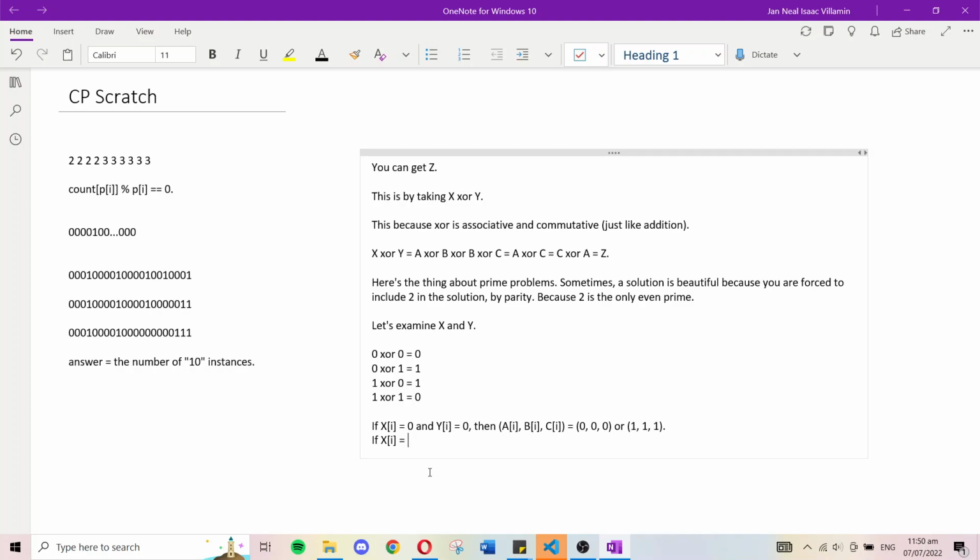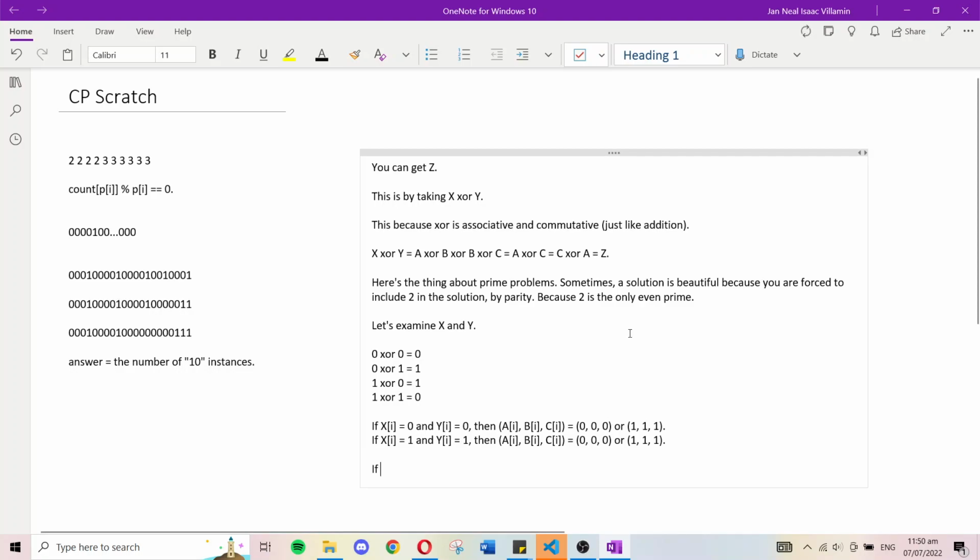The same thing happens when both of them are 1, because they have the same parity, meaning all of these should be the same as well.